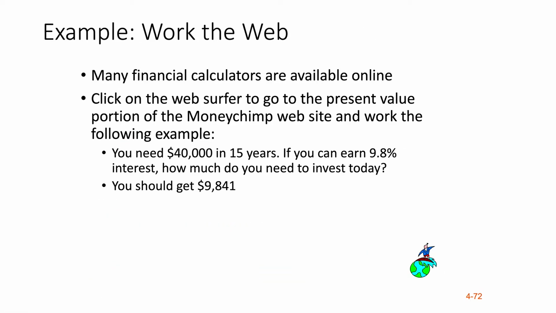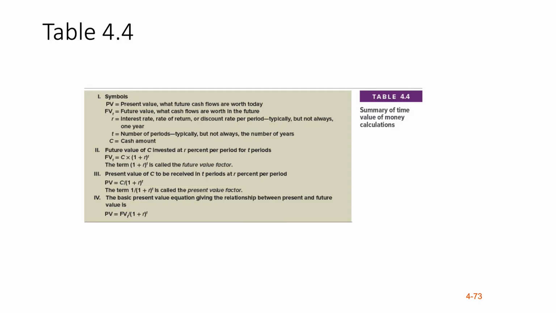Today we studied the basic single period cash flow. We are using 4 inputs. The first one is present value, PV. The second one is future value. The third one is interest rate, which in our financial calculator is I/Y. The last one is N, the number of periods, which is T in the mathematical formula.